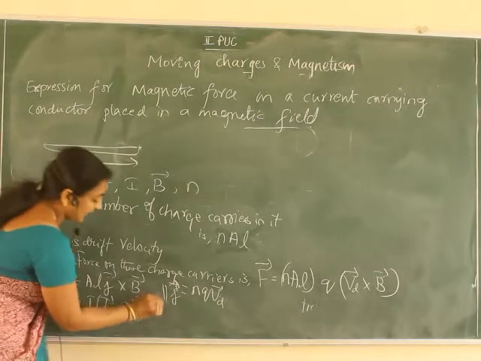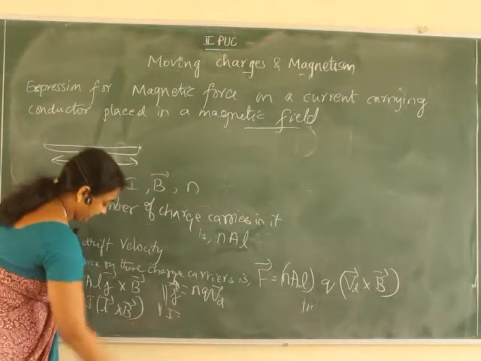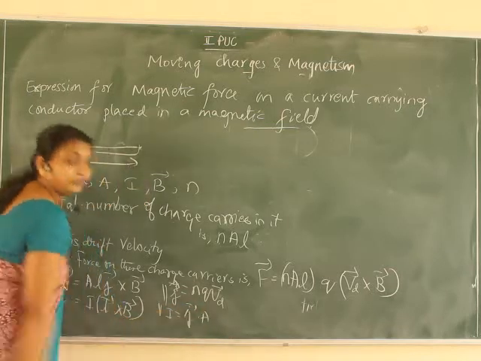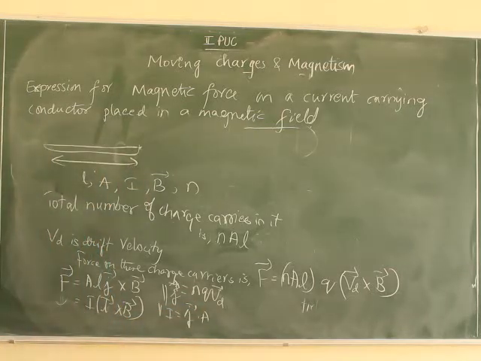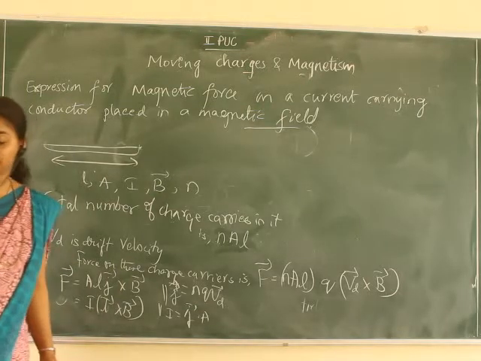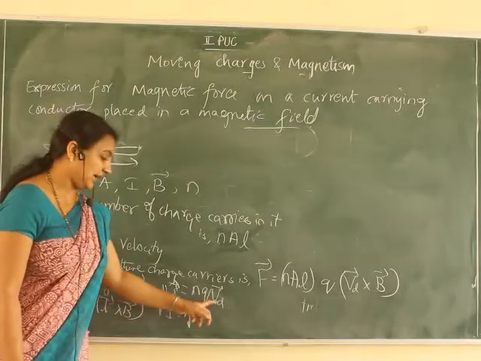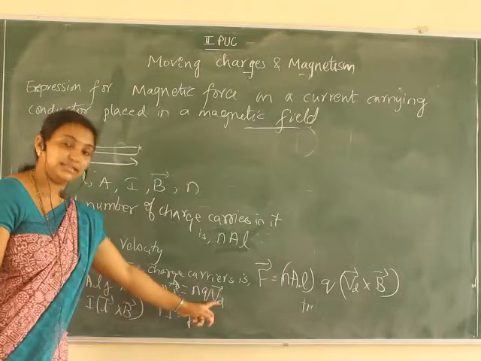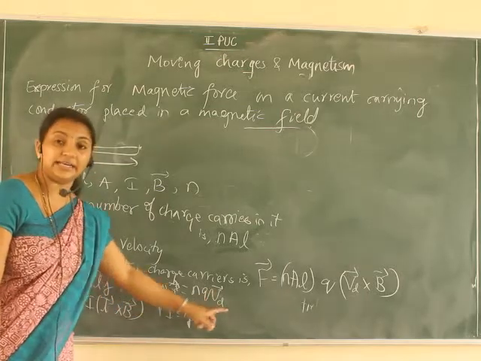That is, I is equal to J vector into A. That is, current density into A is nothing but I. I is equal to NEAVd. Do you remember? I is equal to NEAVd. Correct?